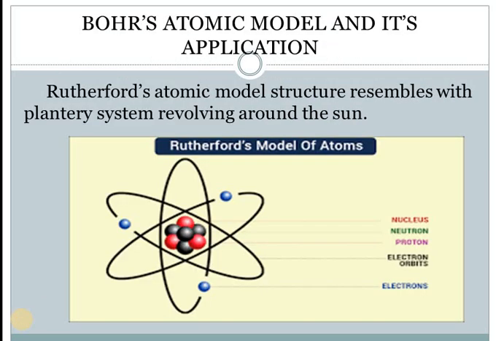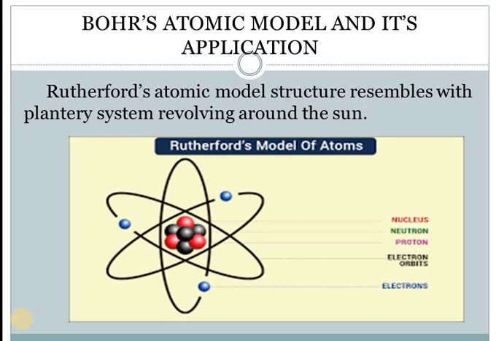Now it was Bohr's atomic model, or Bohr explained or modified the atomic model given by Rutherford. Rutherford's atomic model we can just assume as a planetary system, as planets revolve around the sun. Definitely there isn't any sun present in the atom.